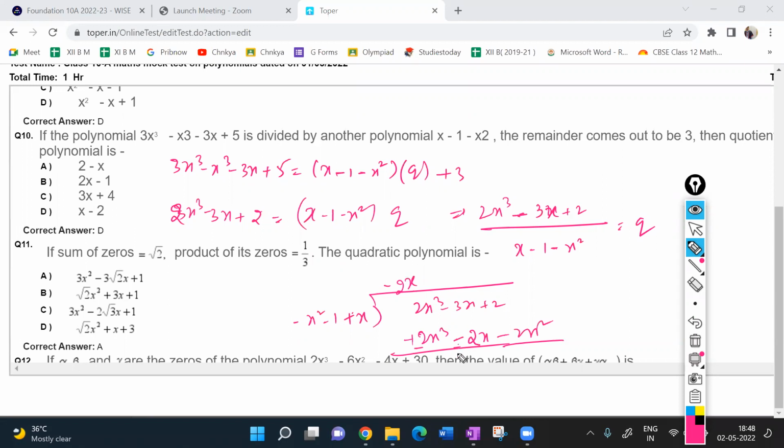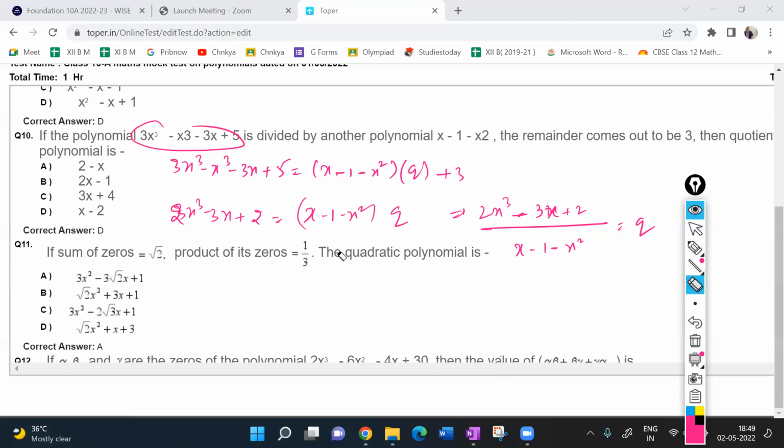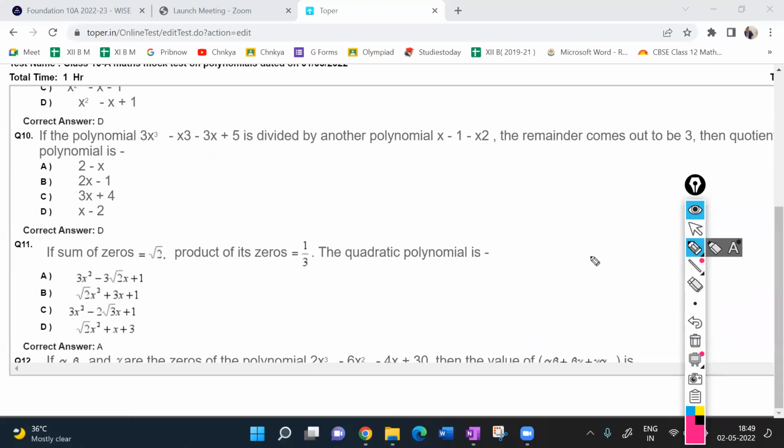Subtract this. Minus x minus 2x square. I think the option is not matching, but the question is wrong here. Look, I'm getting the quotient in terms of 2x. If I take the question as it is, I'm getting the quotient in terms of 2x, so the option is not matching. This should definitely be x square, so take it as x square and check it out.